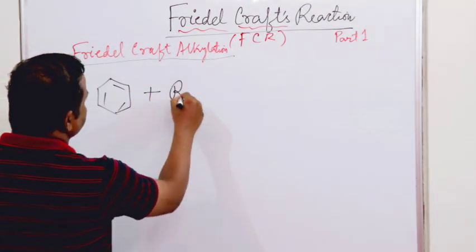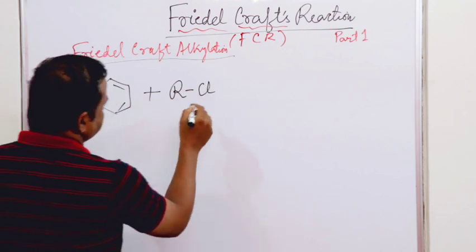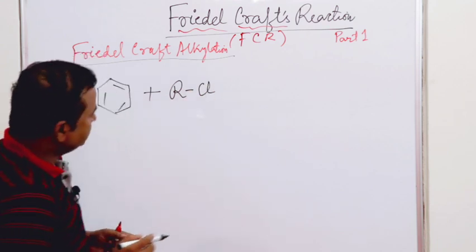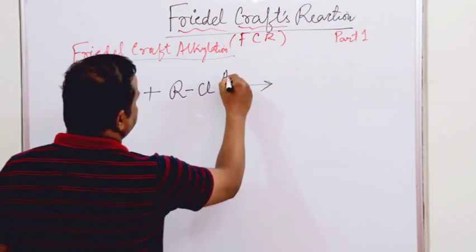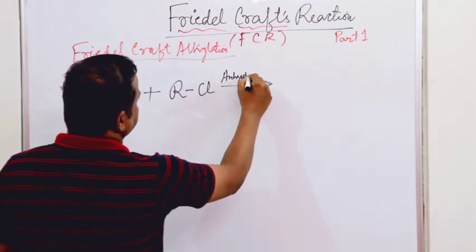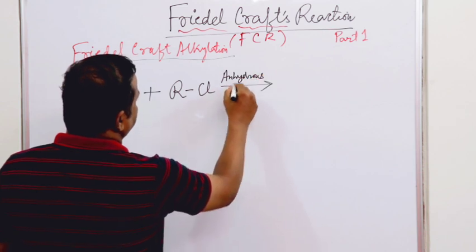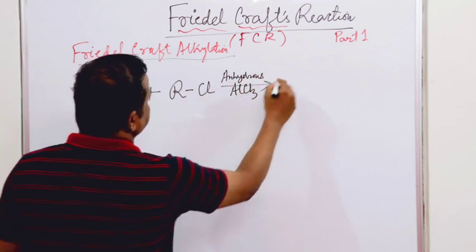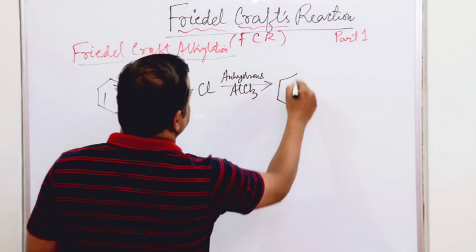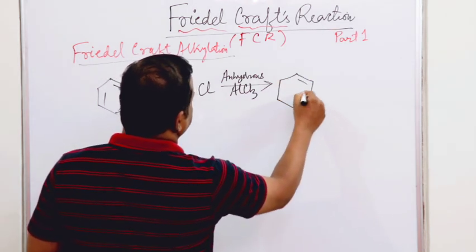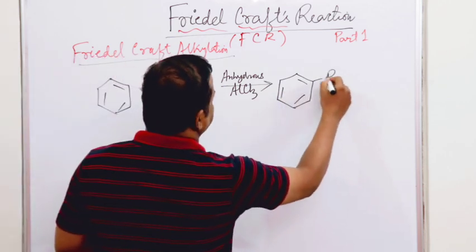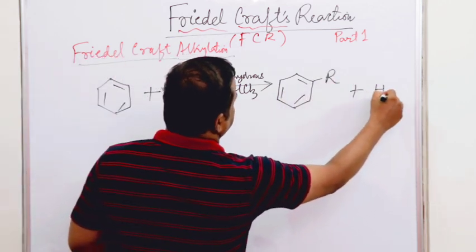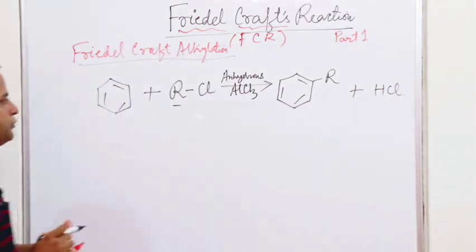Now when it is treated with a haloalkane, or rather chloroalkane, in presence of a catalyst, anhydrous AlCl3, then what happens? This substituent gets attached here. This is the root reaction.